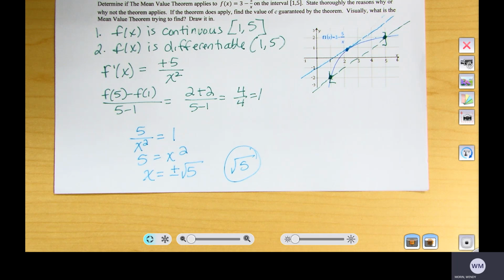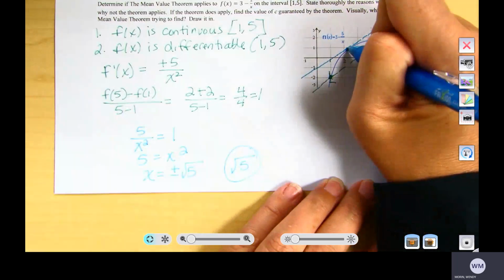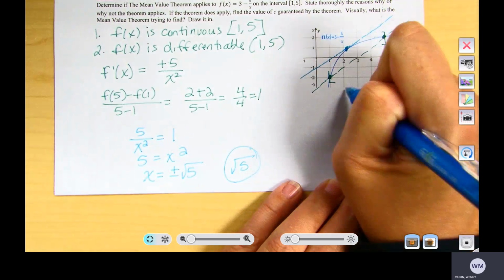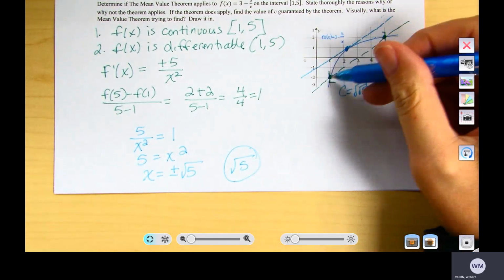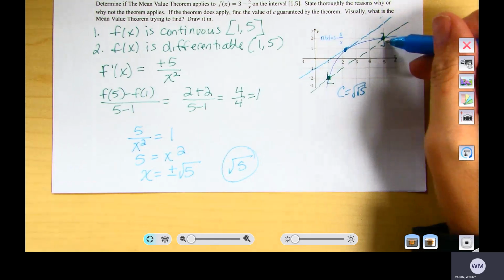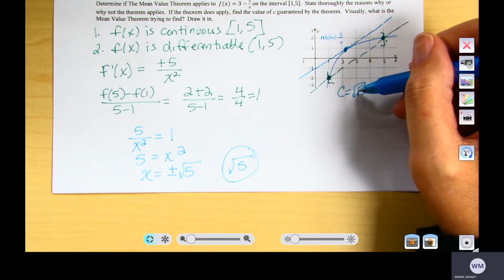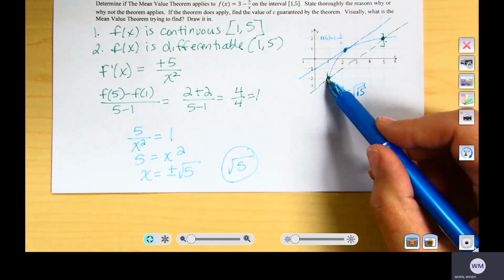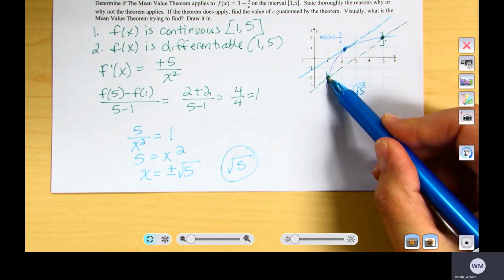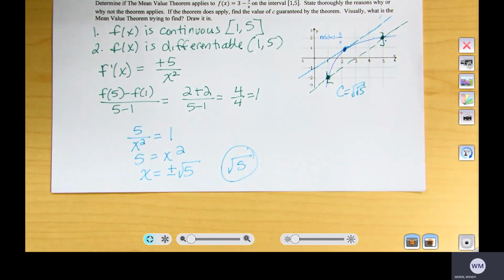The calculus definition is the average rate of change is equal. There's a point where the instantaneous rate of change at a point, in this case, C equals the square root of 5, is equal to the average rate of change over an interval. So the instantaneous rate of change is at that point. The average rate of change is over an interval. So make sure you keep those two things straight.